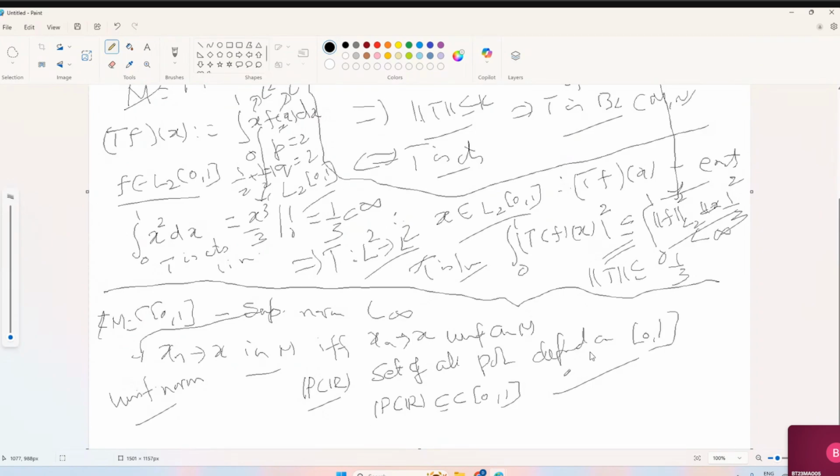Not only a subset, it's a linear subspace. Why? Because if you add two polynomials, you get another polynomial. The negative of a polynomial gives you the inverse, so that a plus b is 0. The zero polynomial gives you the zero element. Therefore, this becomes a subspace. Question now: is it closed?